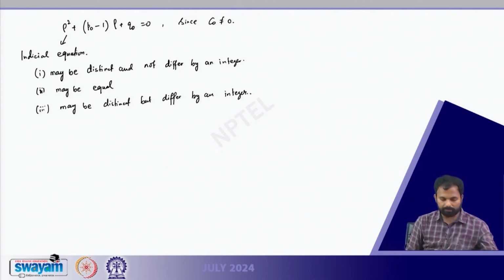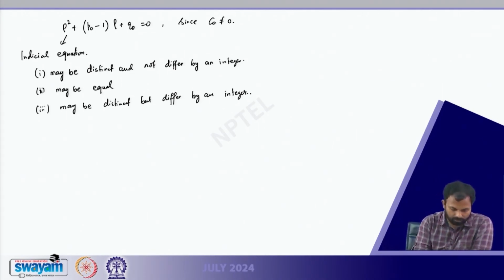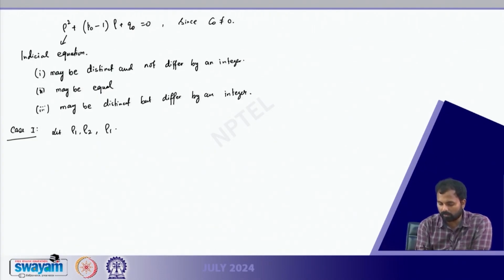So first of all, what will happen in the first case, right? In case 1, we have distinct roots that do not differ by an integer. So let us say we have rho 1 and rho 2, 2 roots, and they are not the same, and also rho 1 minus rho 2 is not an integer, right.